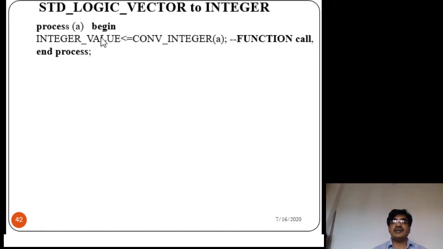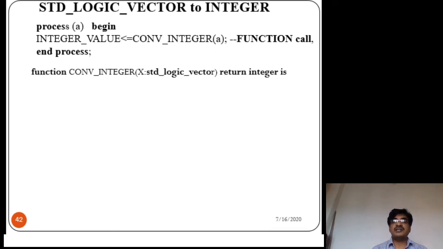Here what is the statement? Function call statement. This is called a function calling statement. Okay. What function does it call? Convert to integer. The function name is convert to integer. So it sends the value of a to that subprogram function convert integer.